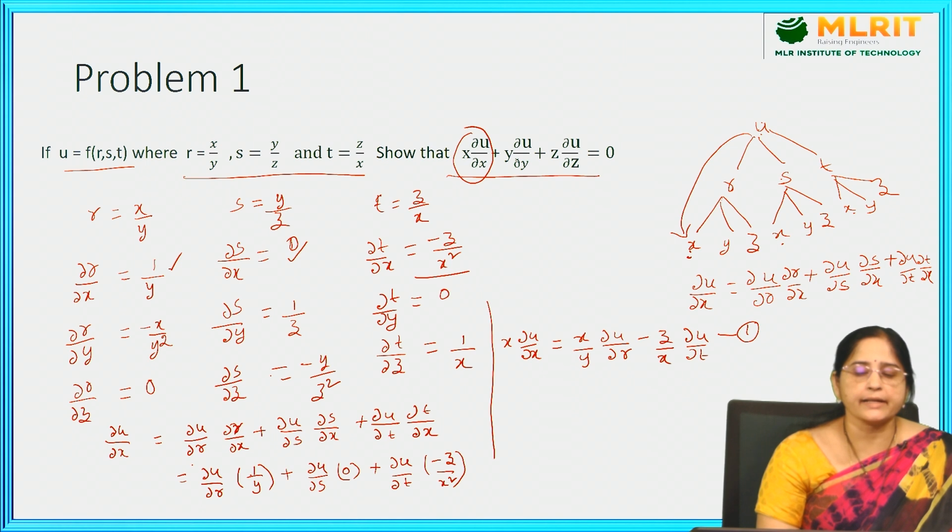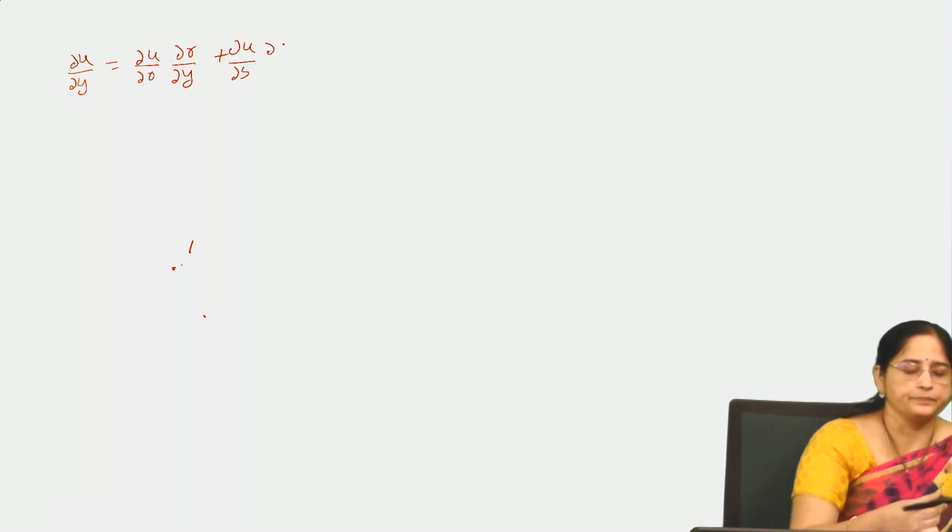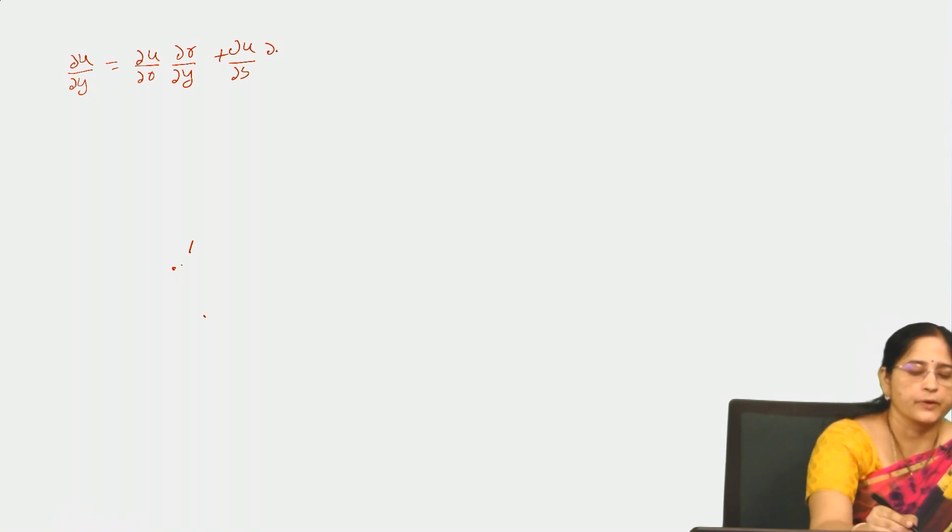Next we can calculate dou u by dou y. So dou u by dou y equal to, the formula is dou u by dou r into dou r by dou y plus dou u by dou s into dou s by dou y plus dou u by dou t into dou t by dou y.